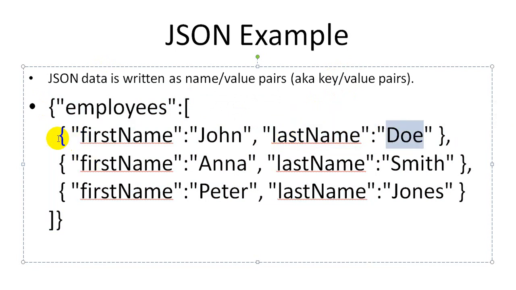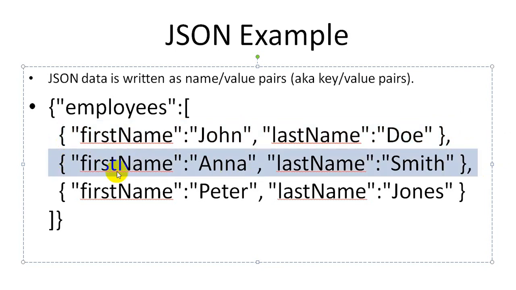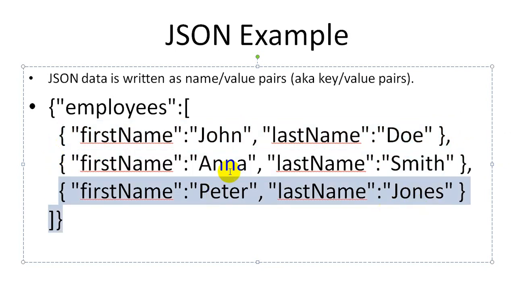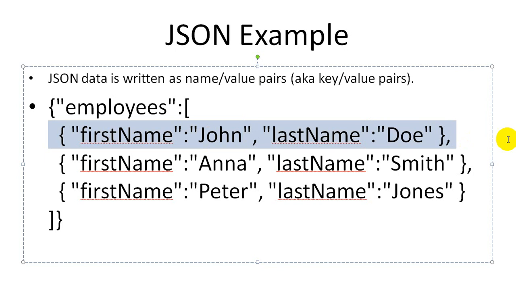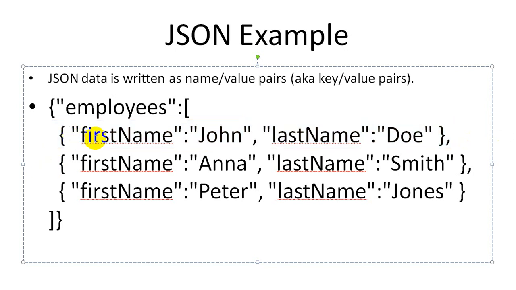So as you can see, this is one JSON object, this is another, and this is the third one. So in this example we have three JSON objects, and the main object is employees, and each JSON object has key value pairs.